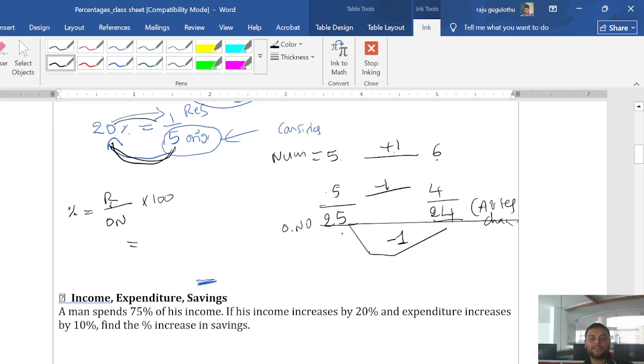Here 25 is becoming 24, so the result is -1. That is, the value of the number decreased by 1. So I am taking result divided by original number 25, into 100, as per the formula. Then 25 goes 4 times in 100, so the value of the number is reduced by 4%.